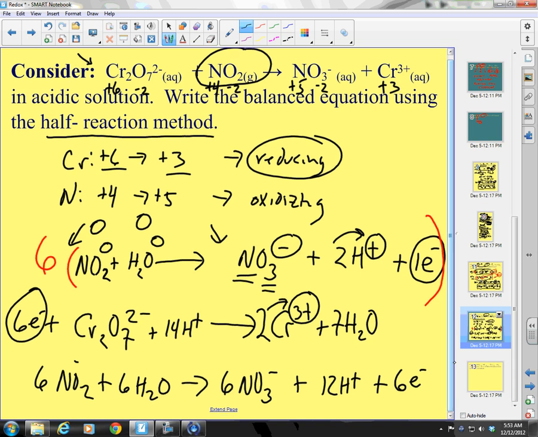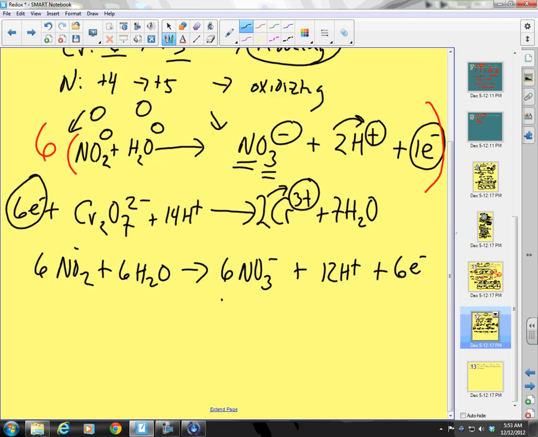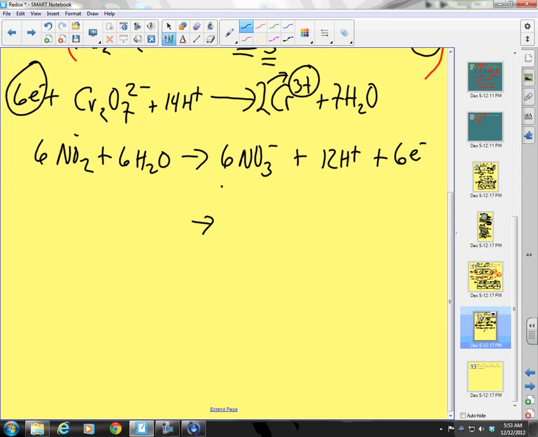I'm going to take all the stuff that are my reactants and put it on one side, and all the stuff that are products and put it on the other. So what do I have? I have 6 electrons plus dichromate, Cr2O7 2-, plus 14 hydrogen cations, sorry, plus 6 NO2s, plus 6 waters.